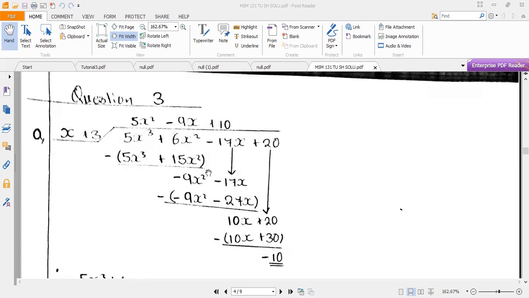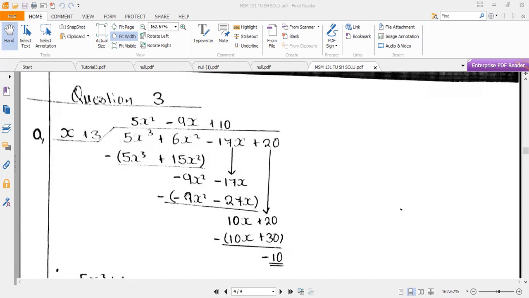After you reach this point, you say x into negative 9x squared will be negative 9x. Then negative 9x times x will be negative 9x squared. Then negative 9x times 3 will give you negative 27x. Because we're subtracting, negative and negative gives you positive.